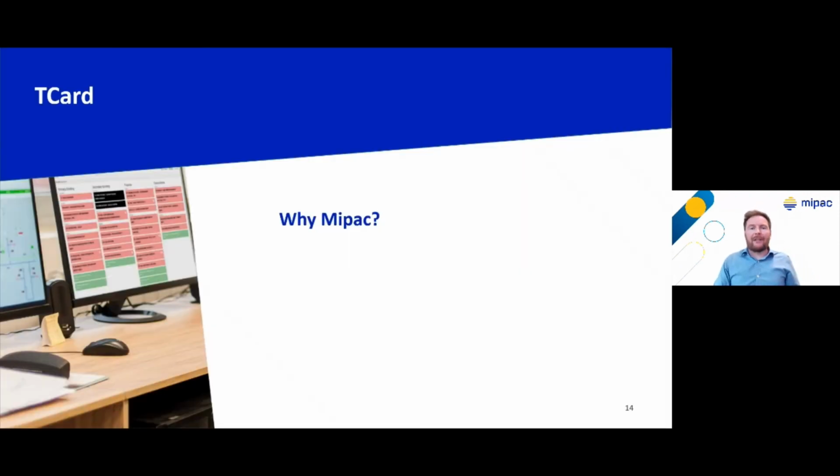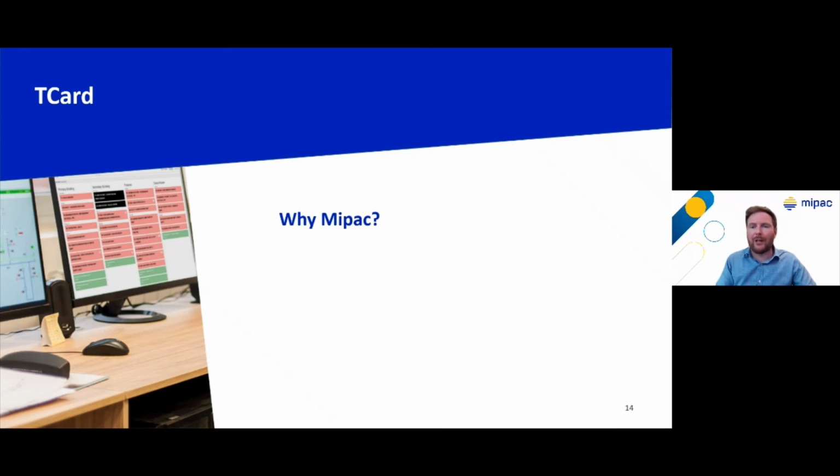And so why Mipac? Well, as I touched on before, the people at Mipac are very important. They're technical experts, but they also have a number of people with operational experience. And so they've been there and they understand the challenges that operations face. And we've always been a company that innovates, and this is shown through our portfolio of products that have been developed.